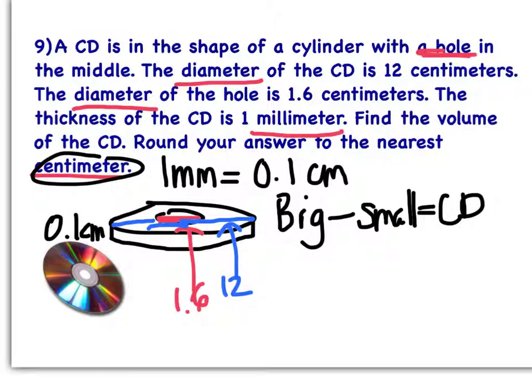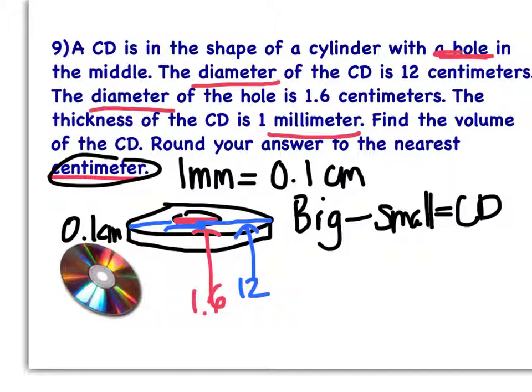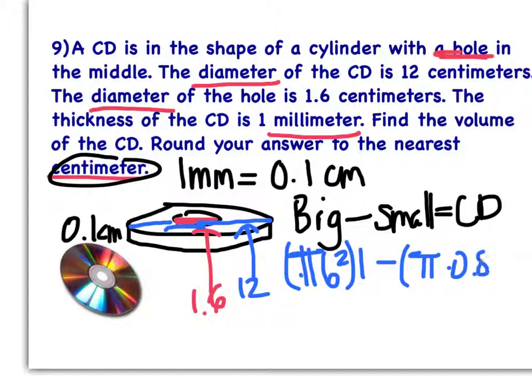All right, brilliant children. What we're going to do is go pi r squared, which is 6 in this case, times 1. If you left out the 1, who cares? It's the same. Then subtract pi times our radius in this case, 0.8, squared, and put a 1 for the height if you want to include it.